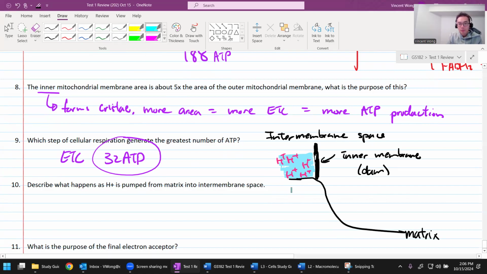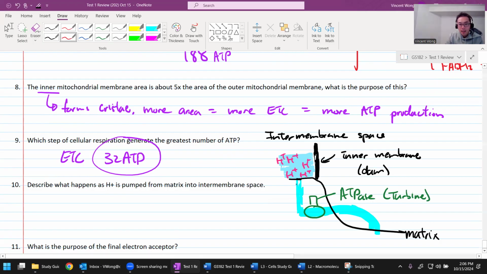We can dig a tunnel for the water to go through, and we can put a turbine, which is the ATPase. That's like the turbine, right?